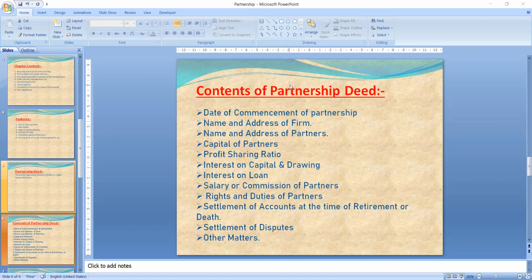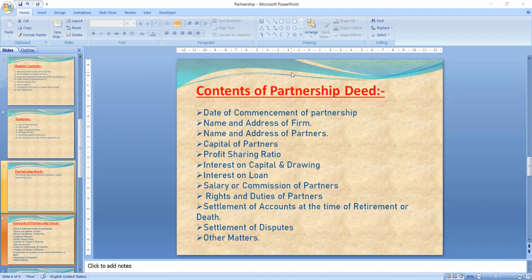Therefore, interest on partner's loan should be paid by the firm, and we will discuss later that interest on loan at the rate of 6% per annum will be paid if there is no provision related to interest on partner's loan in partnership deed. These are our next class content. So interest on loan should be written in contents of partnership deed.